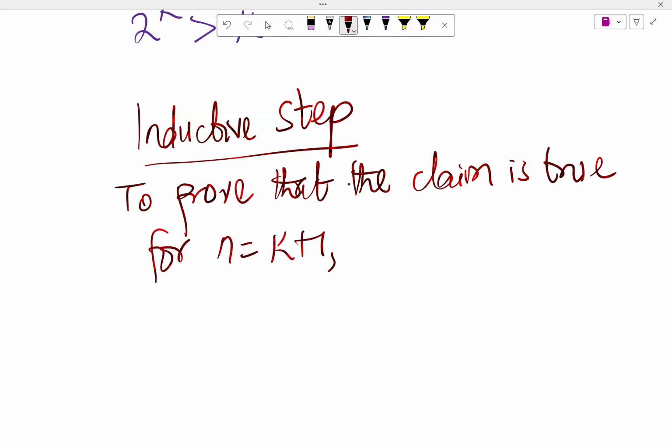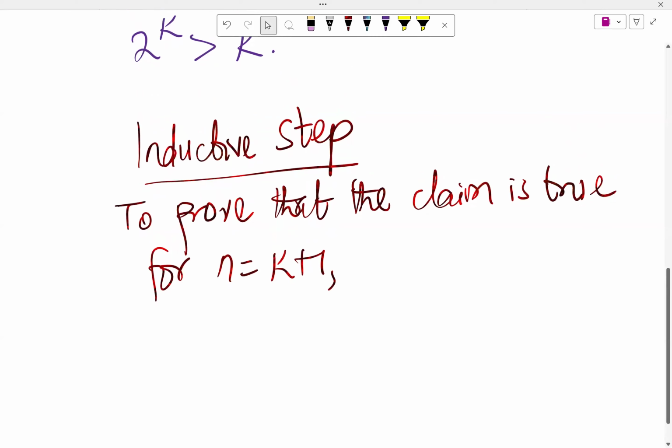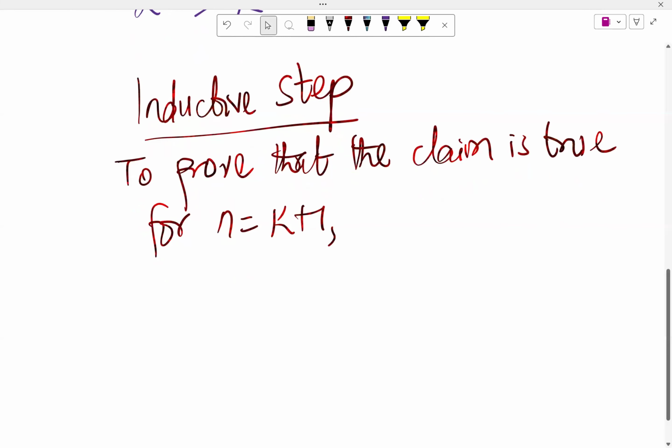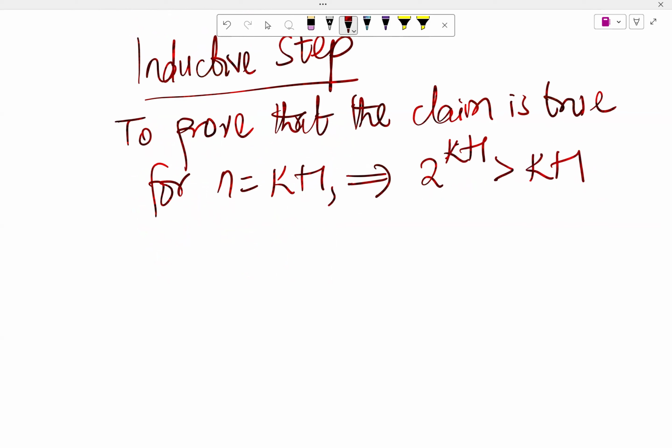So what do we do here? It's always better to go from where you stopped, which is about the k. Generally speaking, what this would imply is that you want to show that 2 raised to power k plus 1 is actually greater than k plus 1. That is what we need to show. But then how do we go?